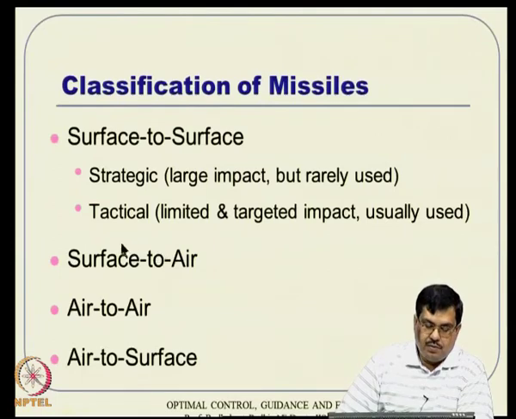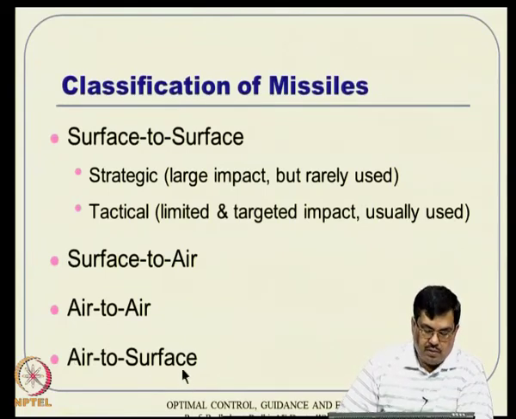If you know for sure that some enemy is attacking, before it does some harm, we have to nullify that. That is the surface to air sort of missile. Then air to air is also a kind of defensive missile, or it is used in air combat. Then air to surface is largely attacking.